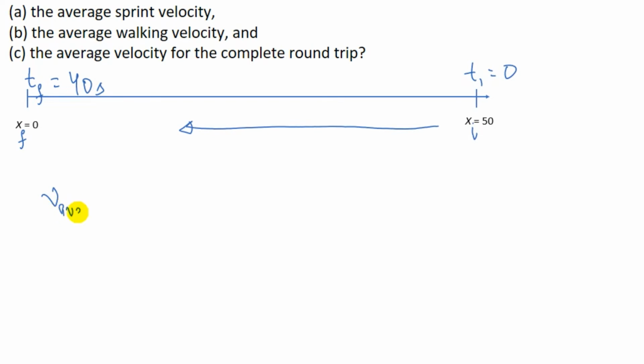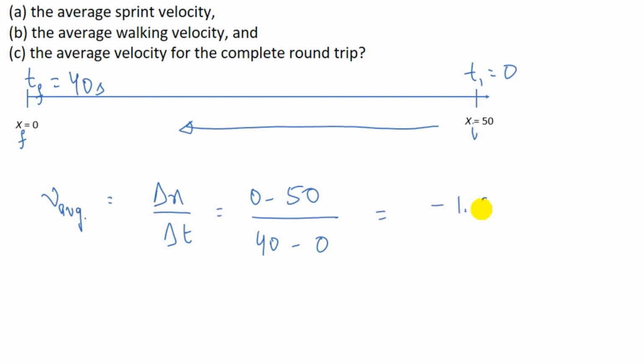So average velocity is delta x over delta t. Now delta x is xf minus xi. So xf we have 0, minus xi we have 50, divided by tf minus ti. So tf we have 40 seconds and ti we have 0 seconds. So that would be equal to negative 1.25 meters per second.